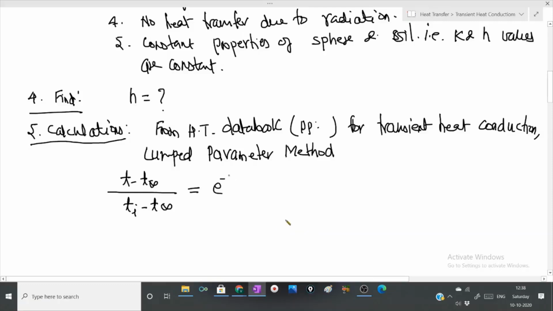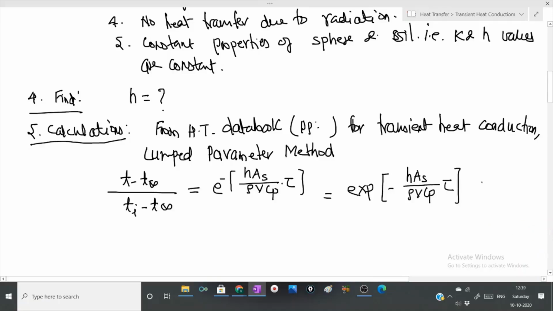E to the power minus HAs over rho V Cp into tau. This can also be written in this fashion. Same thing. Mathematically, both right hand sides are the same. So this is the equation of the lumped parameter method.